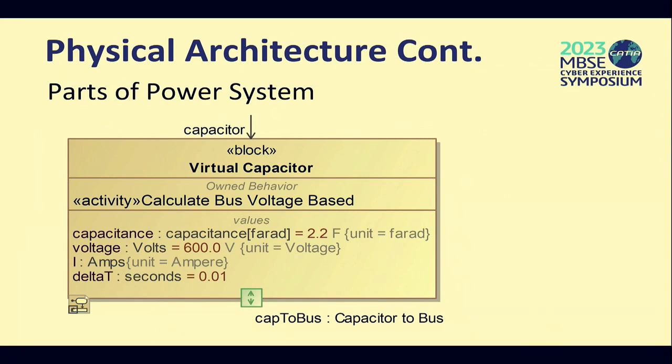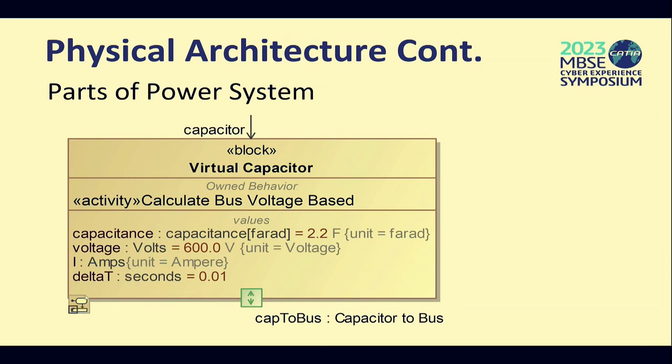So there's the idea of a virtual capacitor in this model, and this is one of the other stars of the show, because this is what actually sets the voltage for the bus in the simulation. We're calling it a virtual capacitor because in a real system, it would not actually have the capacitance that you're seeing modeled in this system. If you notice, we have 2.2 farads of capacitance.